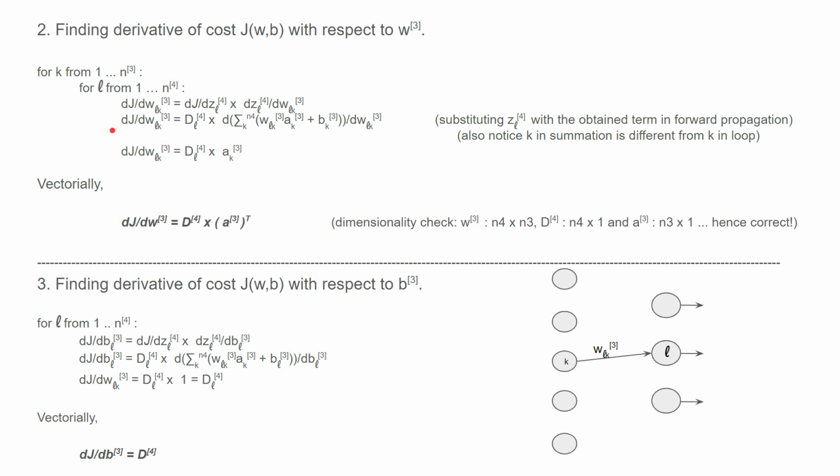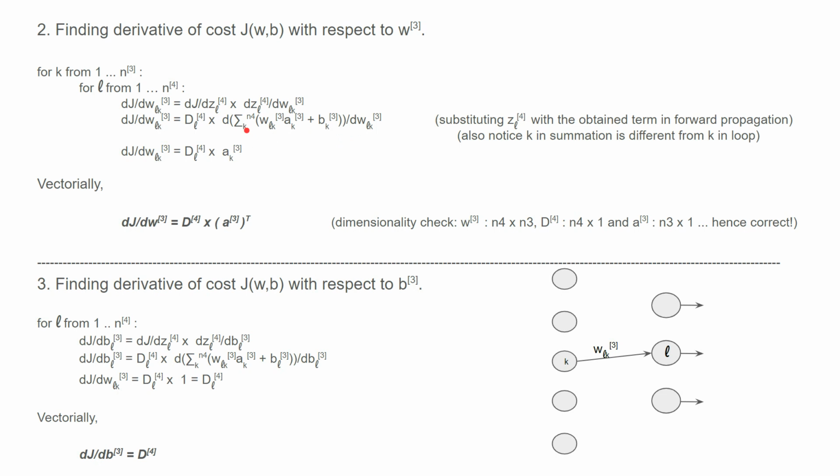The next step is dJ by dWLk3 equals dL4 into the differentiation of this zLk, which we have substituted from the forward propagation equation, and we are differentiating it with respect to dWLk.